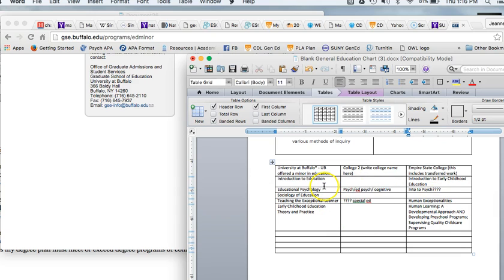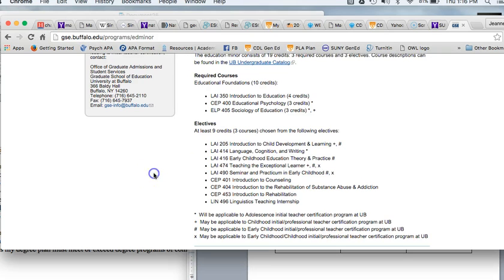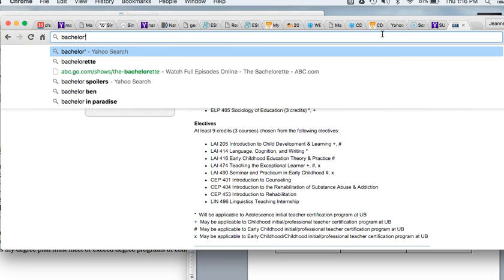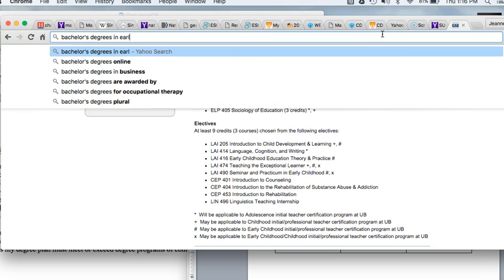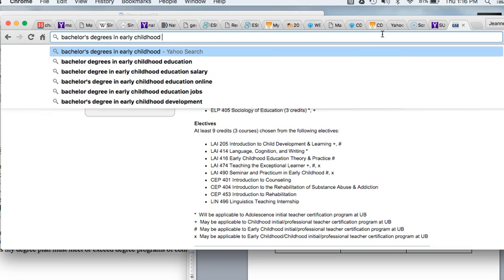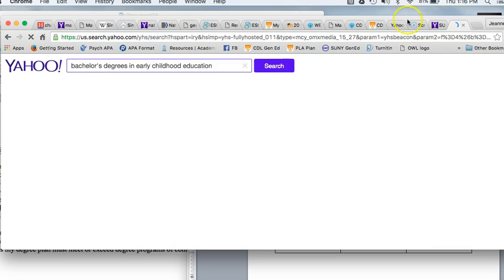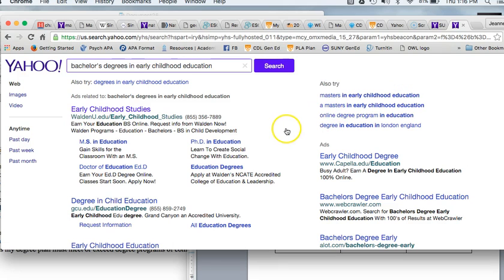And I think most of you have problems with just even finding those classes. So let's say I can't even think of a college. I might just type in bachelor's degrees in early childhood education. Now, we can't use the word education at Empire State College, so your degree is in early childhood studies, but for this, I know we're looking for early childhood education.